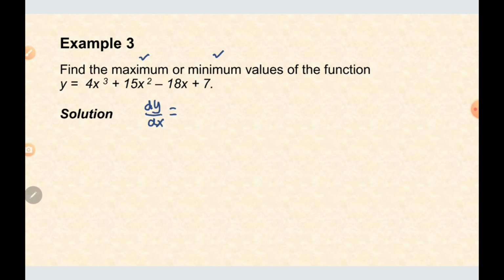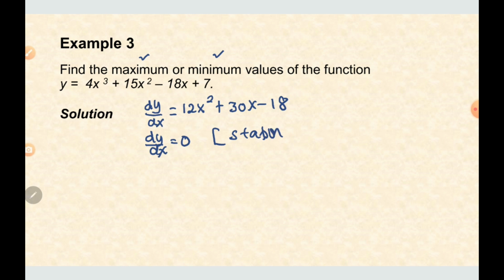So dy/dx equals 12x squared plus 30x minus 18. To get maximum or minimum, dy/dx must equal 0, or we can call this a stationary point. Stationary means it's either maximum or minimum.